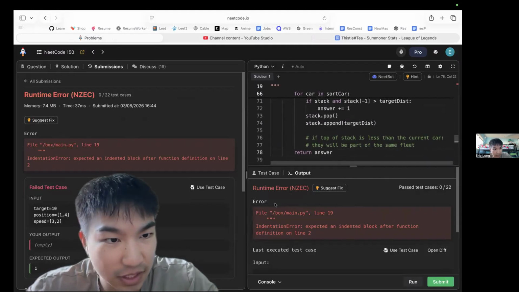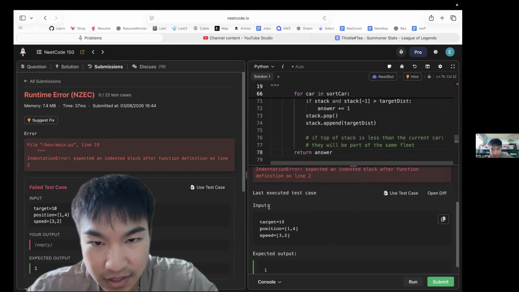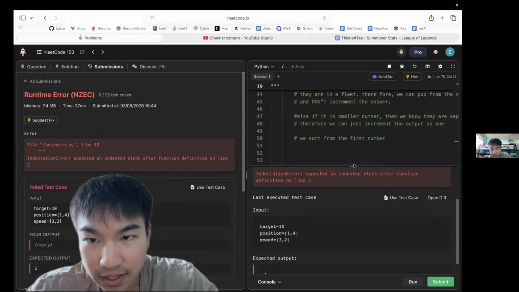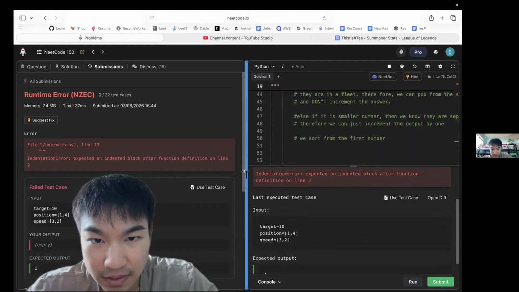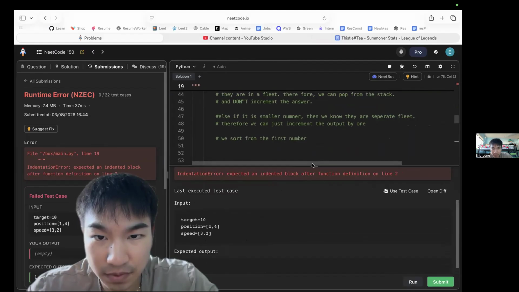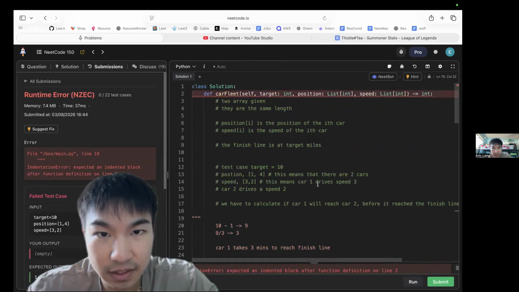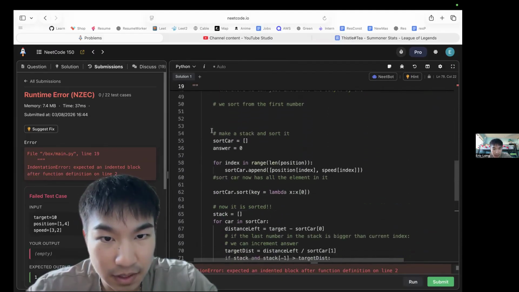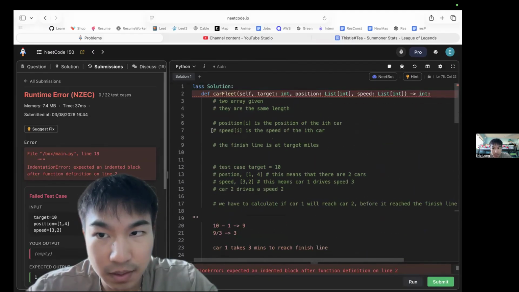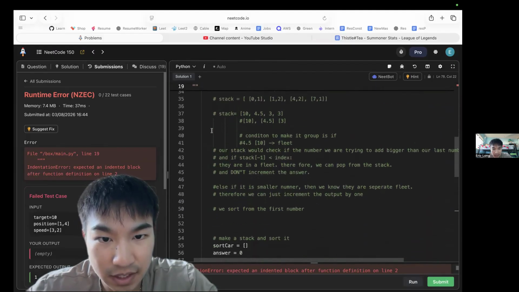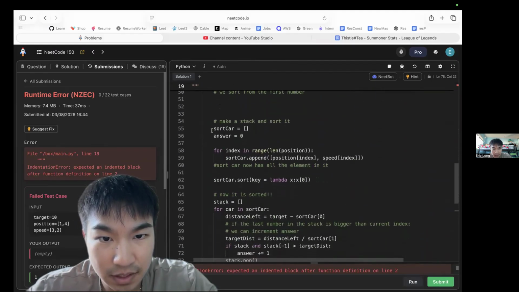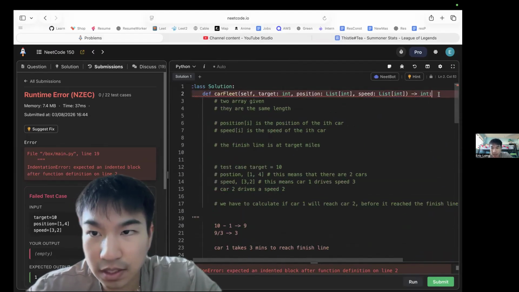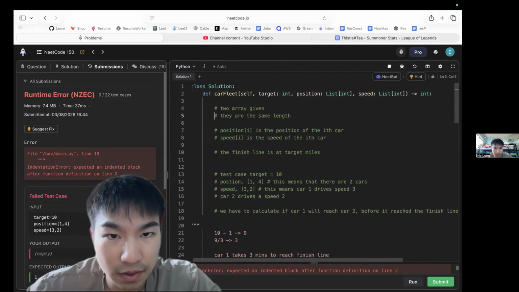And we ran into an issue right here. Indented block. Let's check it out. I'm going to move this a little bit. Okay, the definition of the car fleet. I don't see any indentation error. Is it an expected indentation block?